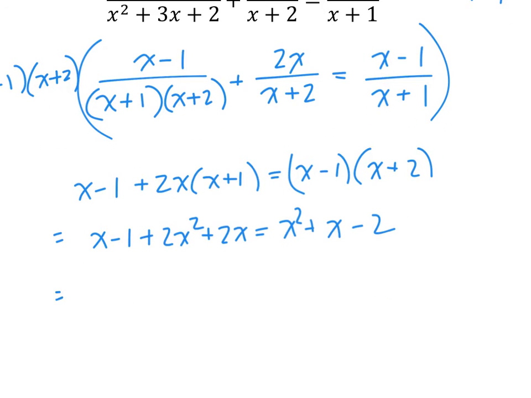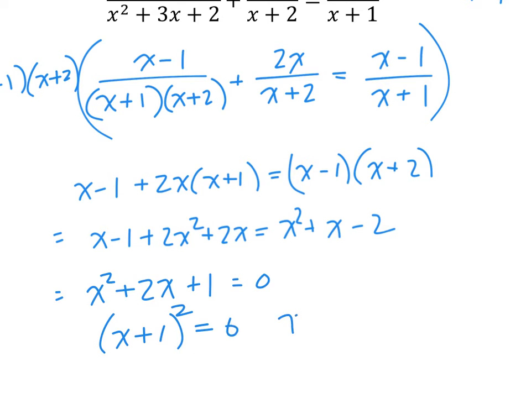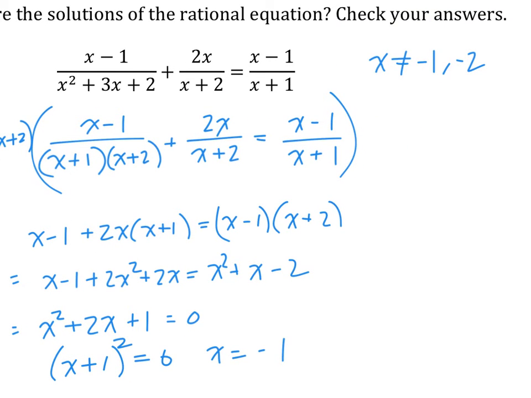All right, so after you simplify everything, move everything to one side, you should get x squared plus 2x plus 1 equals 0. Factor: x plus 1 squared is equal to 0, so x is equal to -1. But we wrote on here, x can't be -1, so no solution. Are you guys getting no solution? Okay, all right. Next.